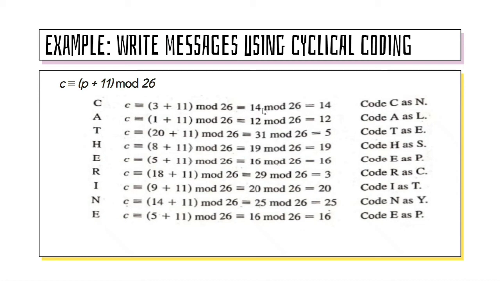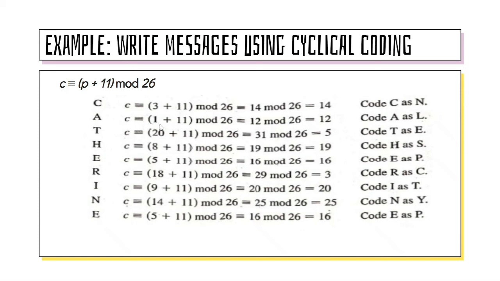As I have said, if it cannot be divided, this would be the answer, 14. If we look at the table, class, the 14th letter is letter N. So we can code C as letter N. For the next letter, we have A.